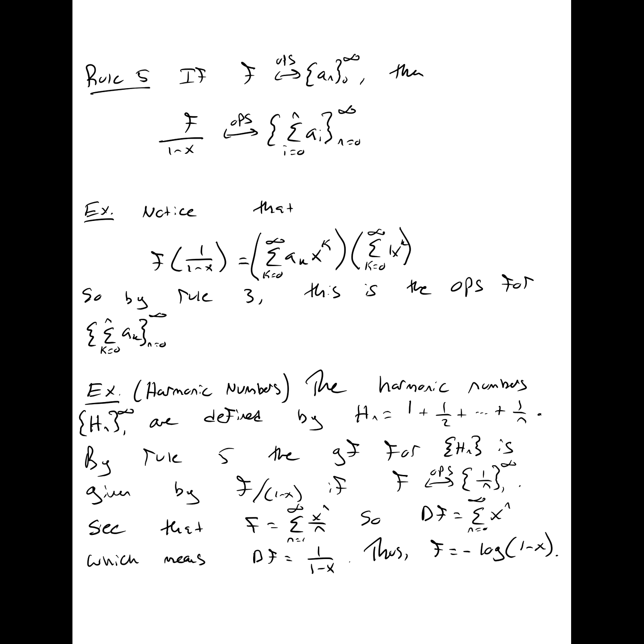So we actually found the ordinary power series. So this sum from n equals 1 to infinity of h sub n x to the n is equal to 1 over 1 minus x, let's make that a little better, times log of 1 over 1 minus x.